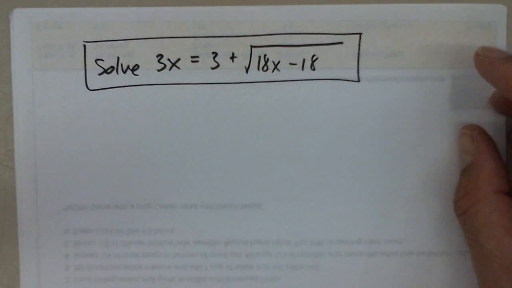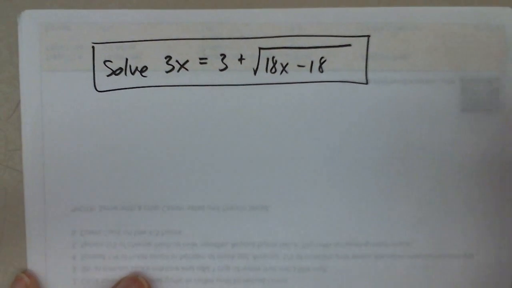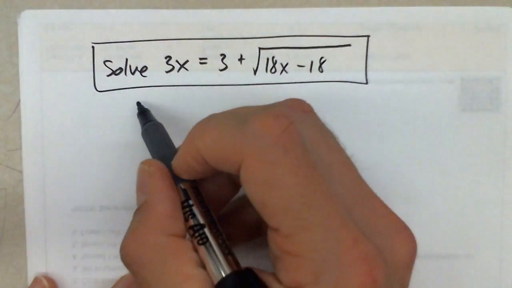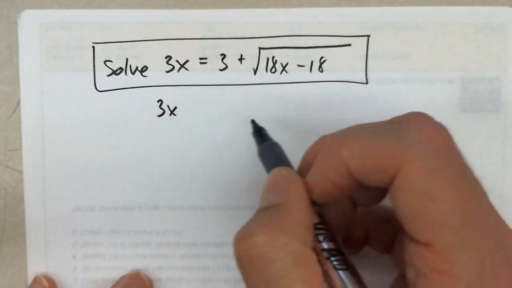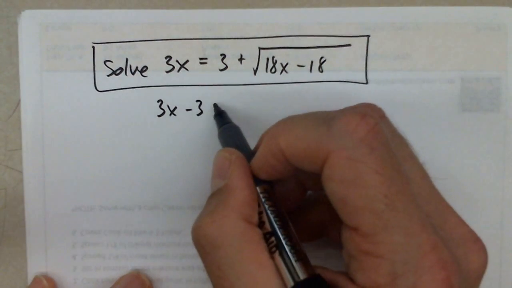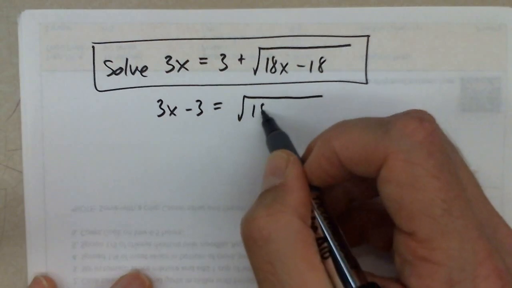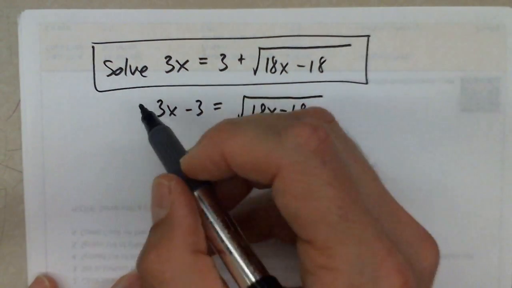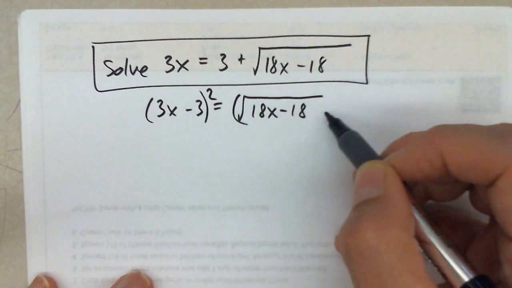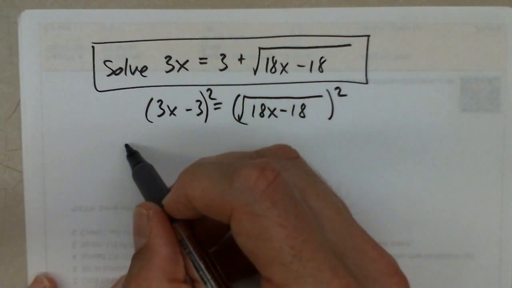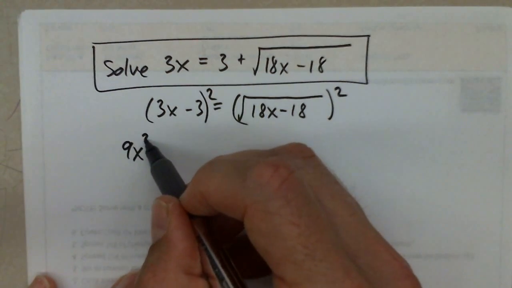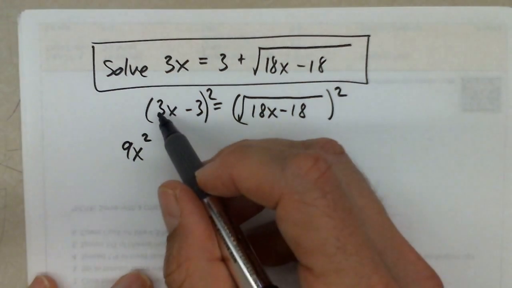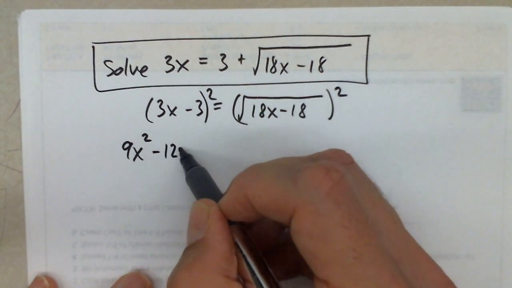Pause it and try that one on your own. We want to isolate the radical and then square. There'll be a negative 6 times 2, negative 12.